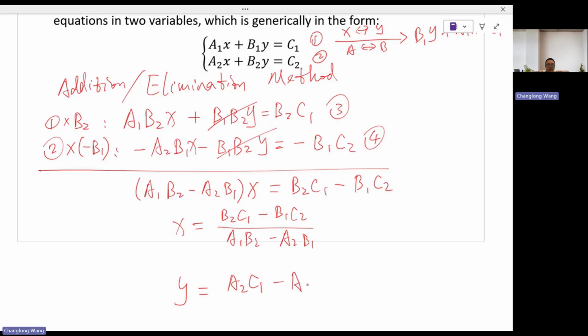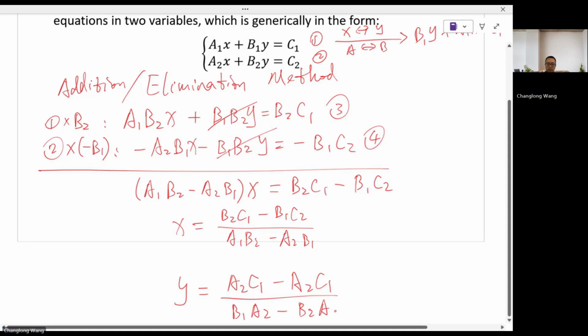So it'll be a2, c1 over, now be careful, you're going to swap a and b, so it'll be b1, a2 minus b2, a1. Oops. And it turns out that is indeed the solution for y, if you do it by hand.